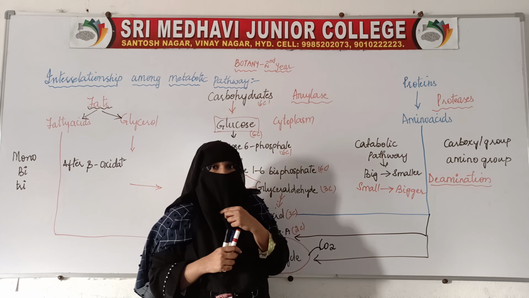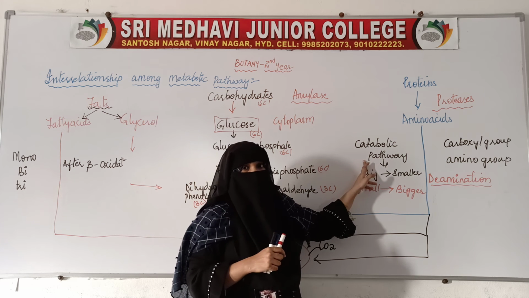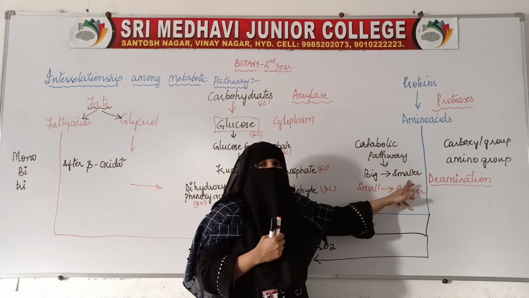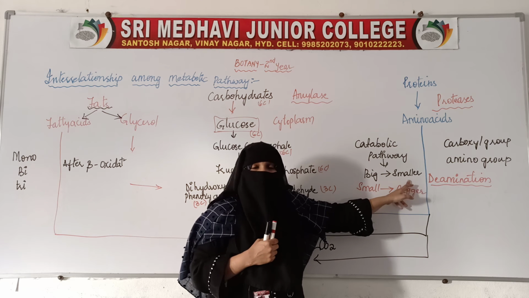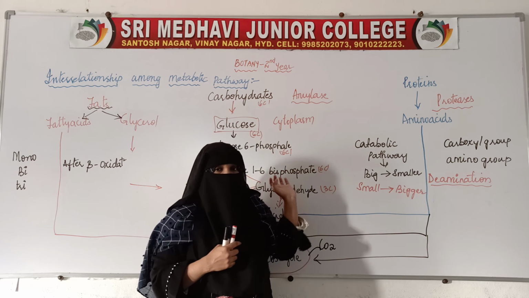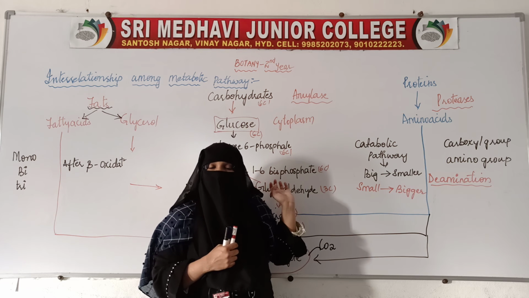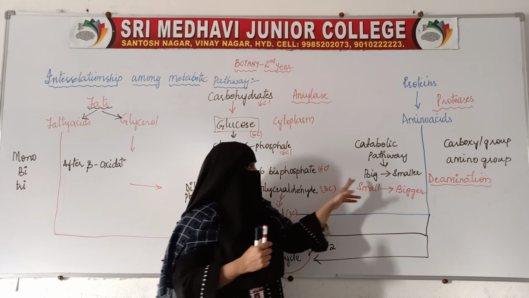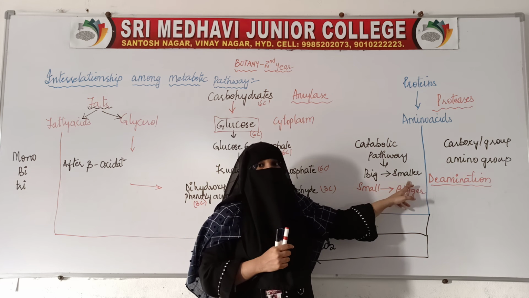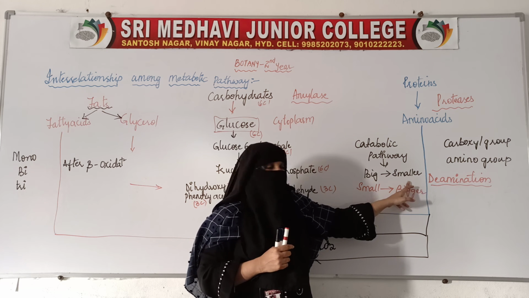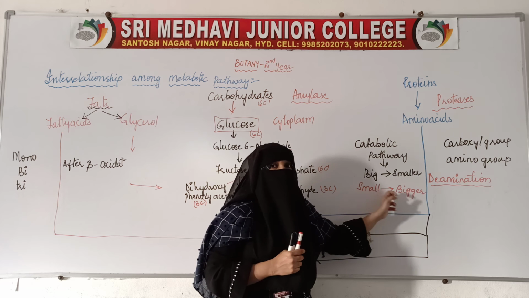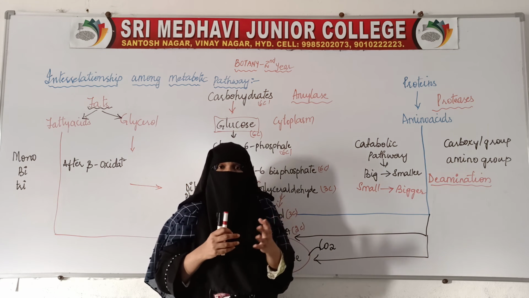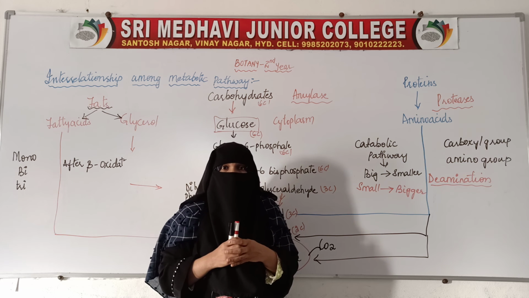Earlier it was considered that in respiration only bigger molecules are converted into smaller molecules. But we have seen during the cycles, Krebs cycle and glycolysis, that it is not just bigger molecules changing into smaller molecules. We have also seen that small molecules combine to form bigger molecules.